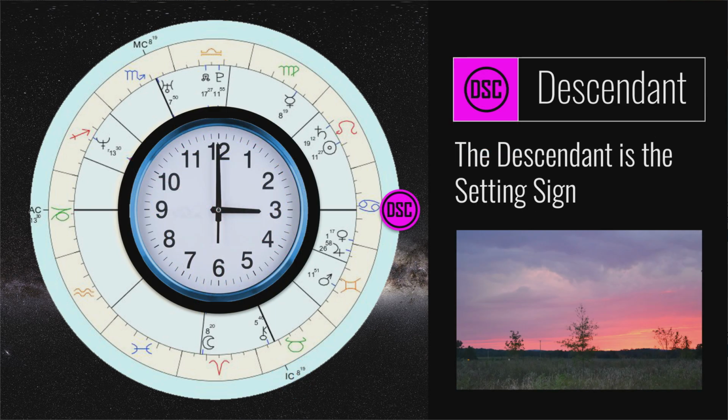Next, we get to the DC or the Descendant. It's the western horizon where the Sun descends, the beginning of the seventh house. So you could look at the sign as well as the planet which rules it to indicate your relationships. And I've found this to hold up.